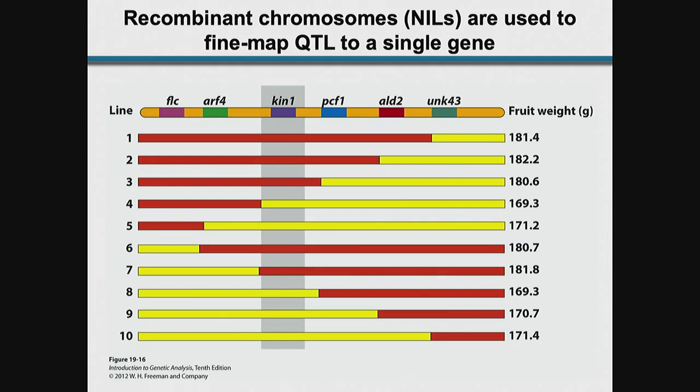So that's not a good fit. If you look across all of these, the only one that is a perfect fit is this locus here, where these three have the large-fruited Beefmaster allele, and they're large in terms of their phenotype. These two have the small Sun Gold allele, and they have a small phenotype, okay?